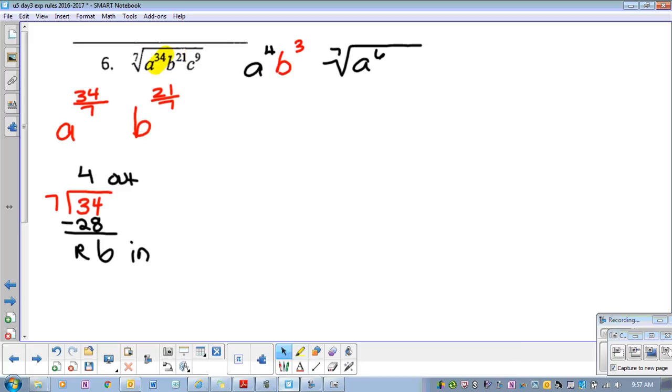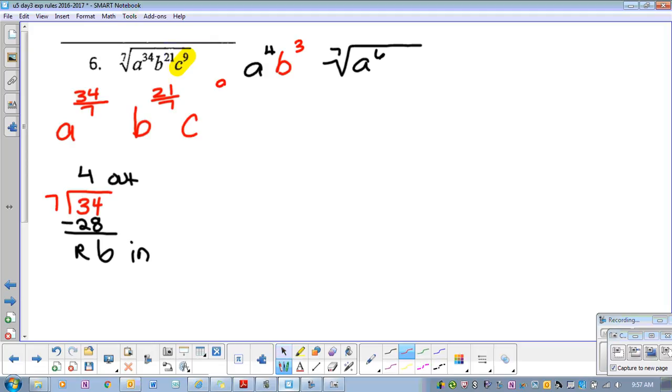And then let's look at the C's. So C to the power over root. What's 9 divided by 7? Do you get a nice pretty number? 1 point something?